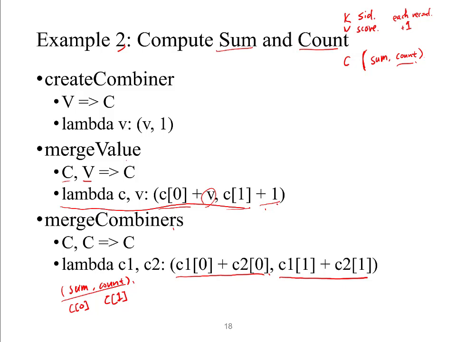Given this key value pair, the sum is the value itself, and the count is 1 because we only have this one record. So that's why we use lambda v: (v, 1) as the create combiner function.